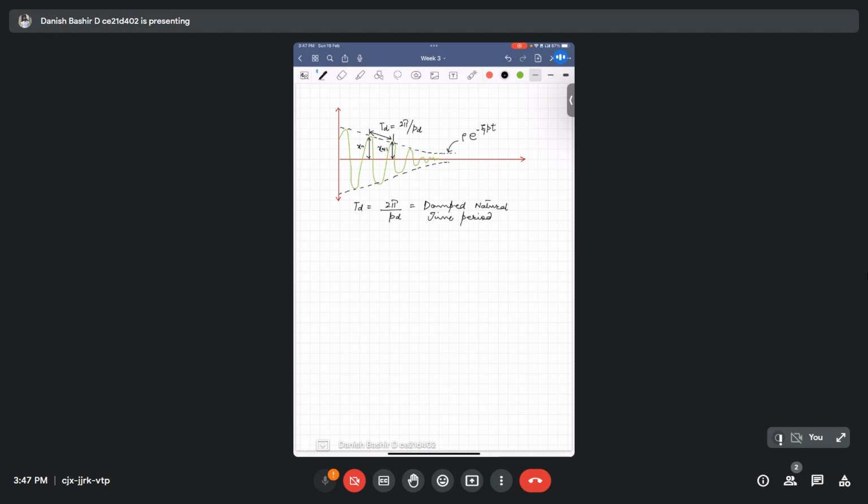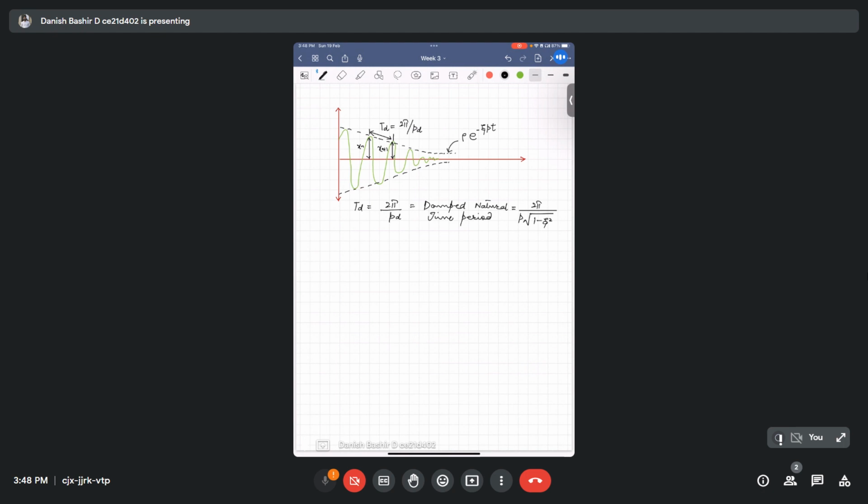Damped natural time period Td will be equal to 2 pi by pd, and initially we know the value of pd as p times under root 1 minus theta square. Since theta is less than 1, 1 minus theta square will be even less than 1.